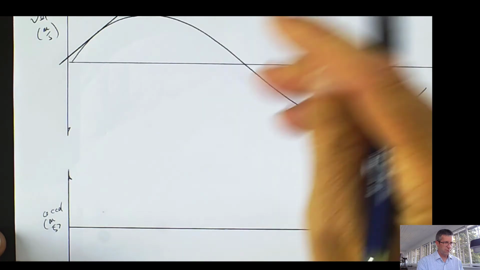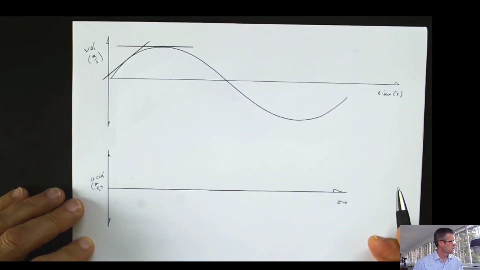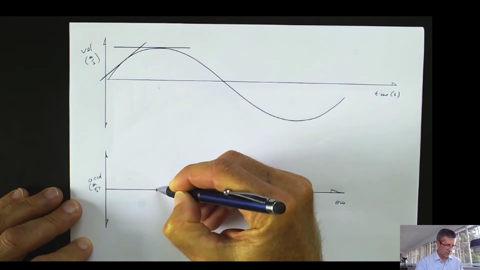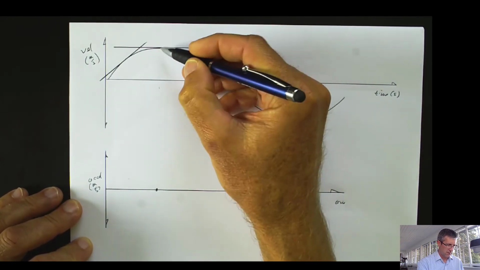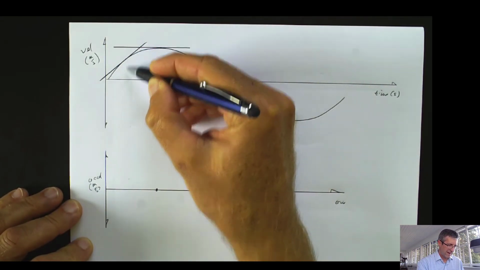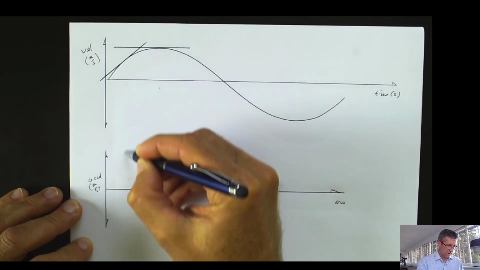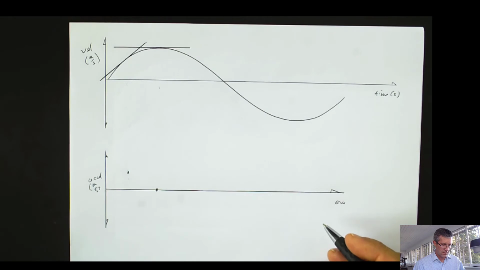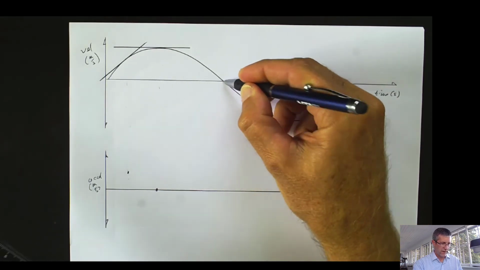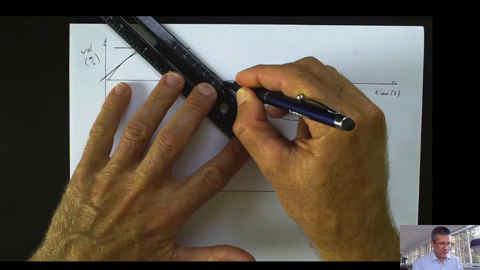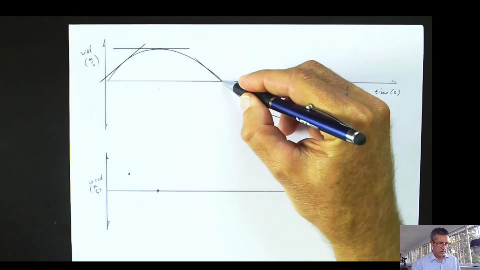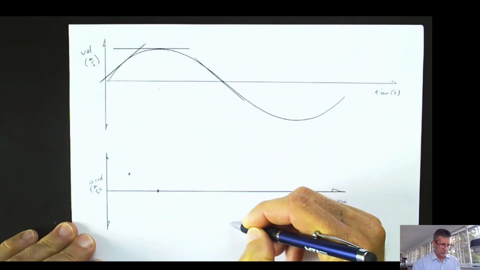Let me go back a little bit. If I know this is going to be 0, well, at this point I know my acceleration is going to be 0. At this point I have a positive acceleration, so I don't know what it is, but it's going to be up here someplace, so we'll call it positive. Think about this point, when I have 0 velocity, what's my acceleration? Well, be careful, my acceleration is my tangent line, so my acceleration is going to be negative at this point.